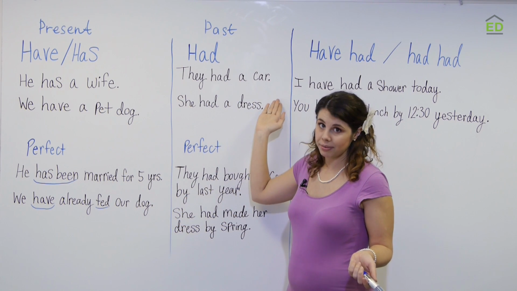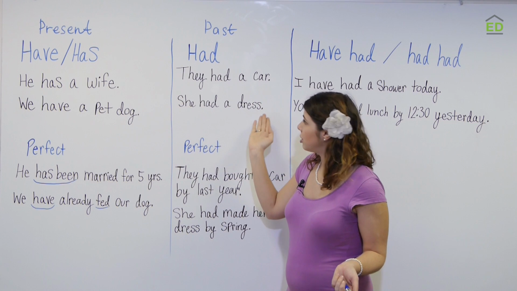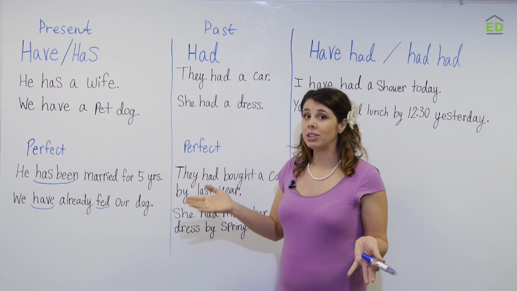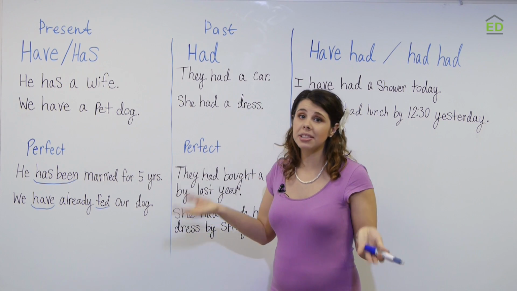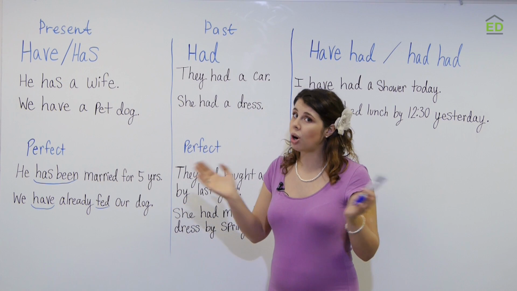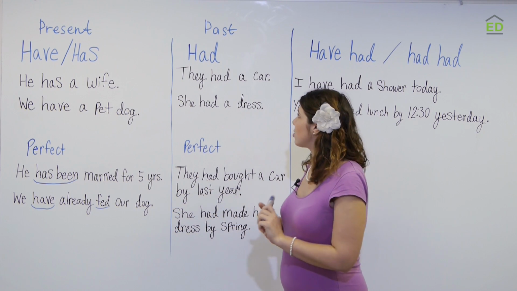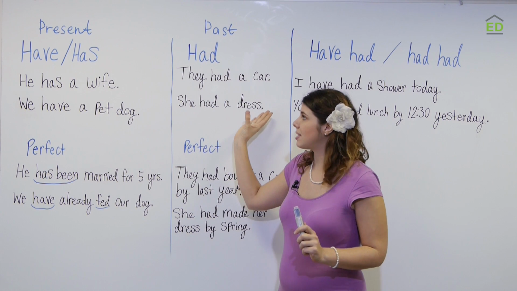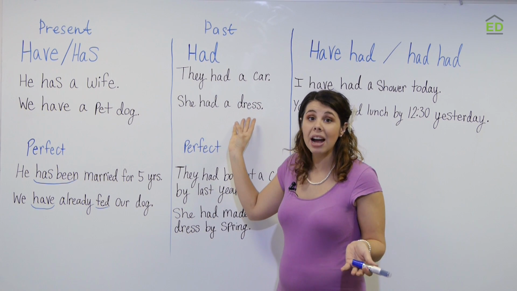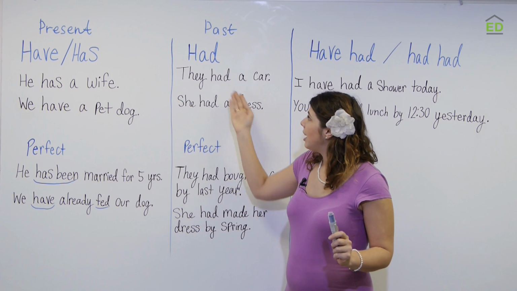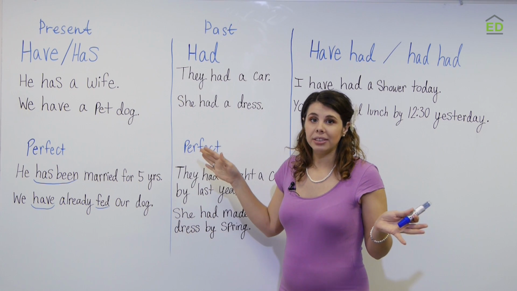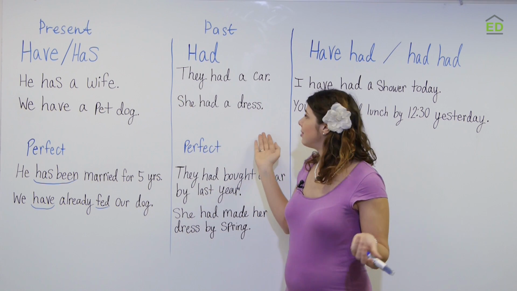So they had a car. She had a dress. It means she had a dress, but she doesn't have a dress anymore. She owned a dress in the past, but now she doesn't. So that is pretty simple. It's the same as this meaning except the past. So had can be used for anyone, any person.